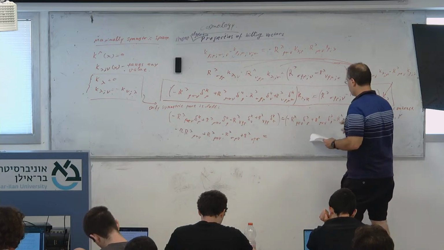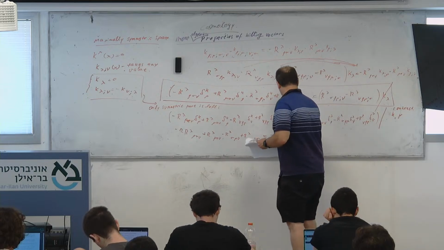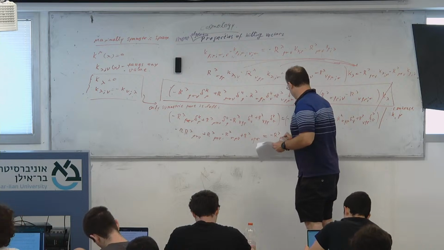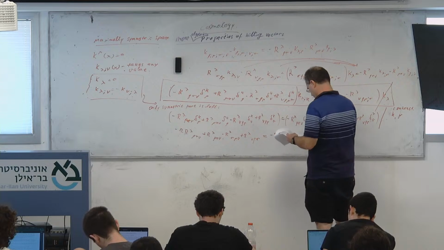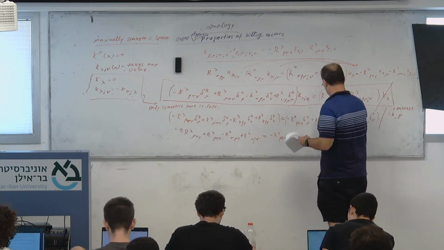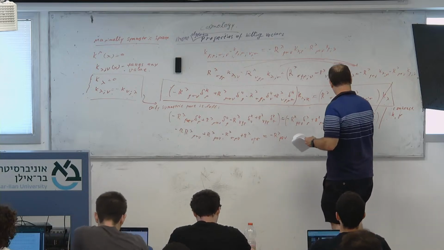kappa and mu are contracted, so minus r lambda rho sigma mu. Here kappa is mu, so r mu mu, this gives me a 0.